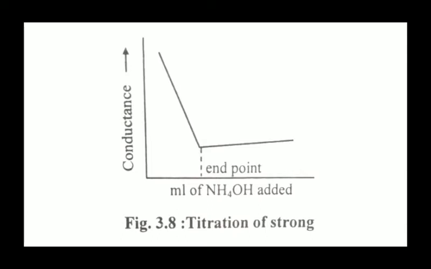After the equivalence point, however, the conductance of the solution does not change markedly with the excess addition of ammonium hydroxide, because the dissociation of ammonium hydroxide, which in itself is small, is further suppressed by the presence of the common ion NH4 plus in the solution.